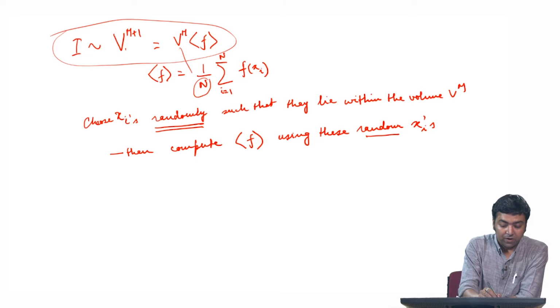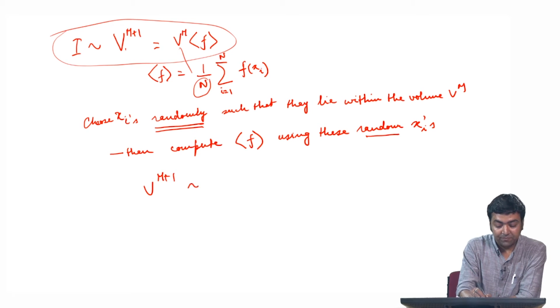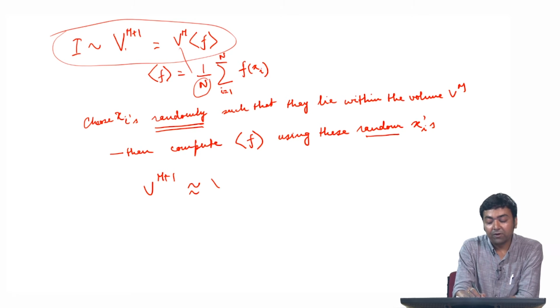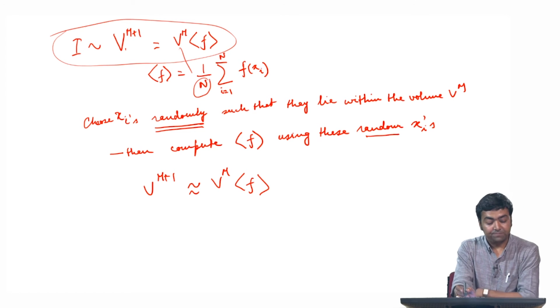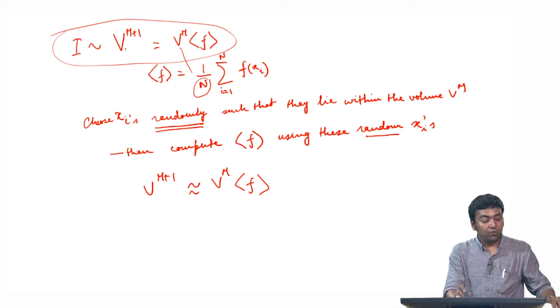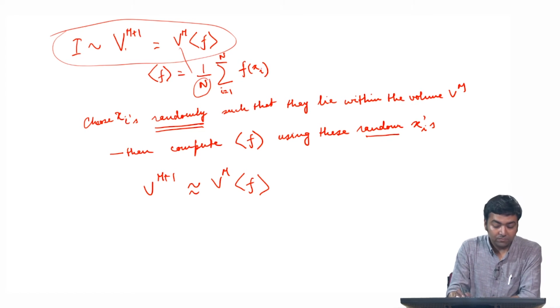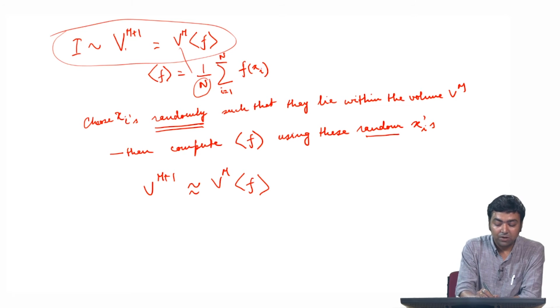So, to summarize this, I have my V m minus 1 is now approximately equal to V m times the average value. To do this, what we need now is random numbers.